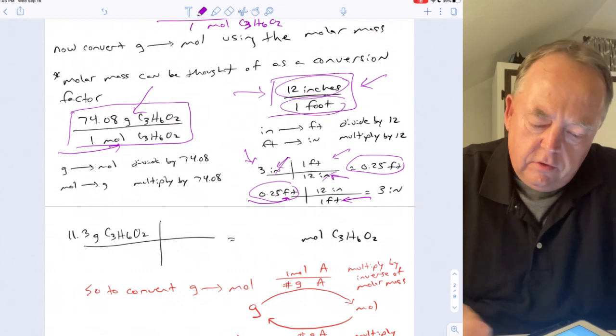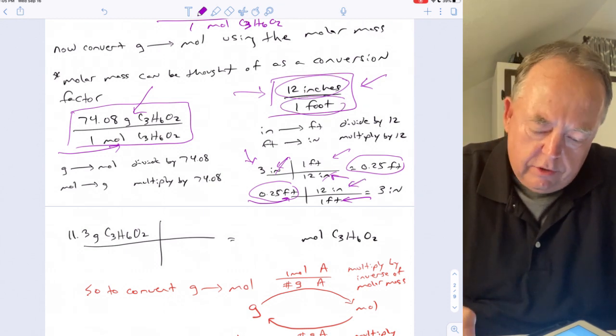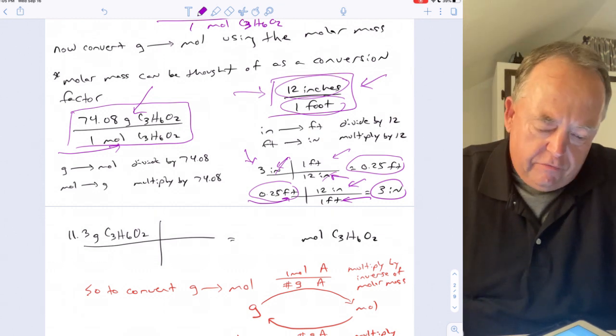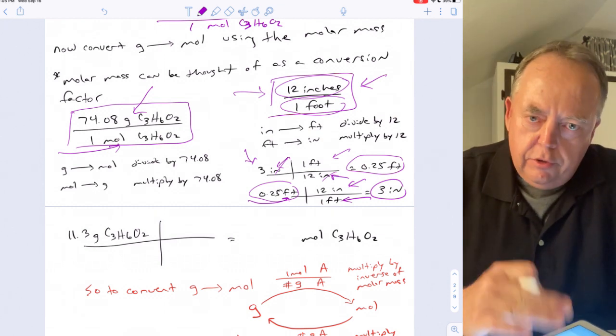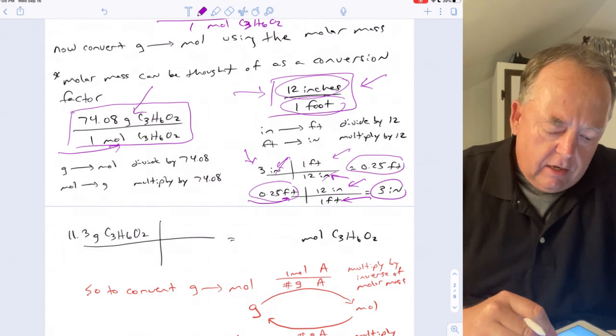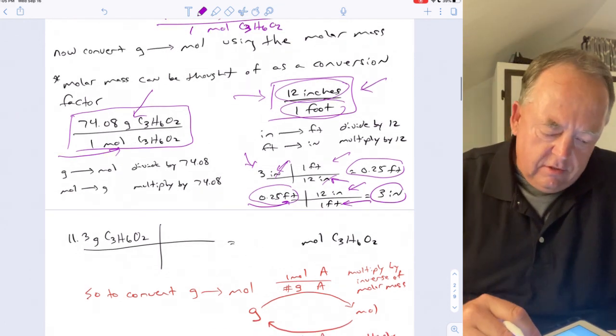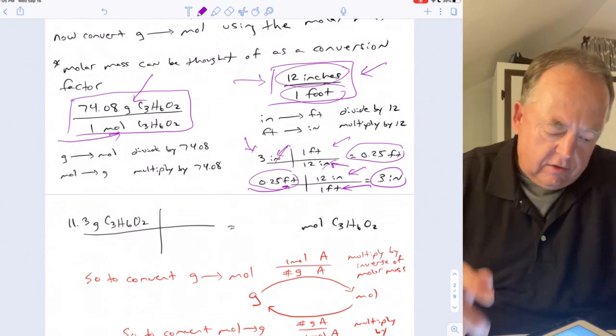So that 1 foot goes on the bottom, 12 inches go on the top, 0.25 times 12 is 3 inches. If you can do conversions like that, then you should be able to do conversions in this chapter 3 using molar mass. It's the same math, it's just a different conversion factor.